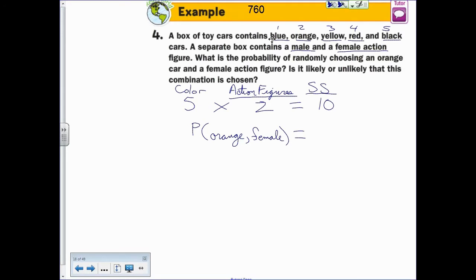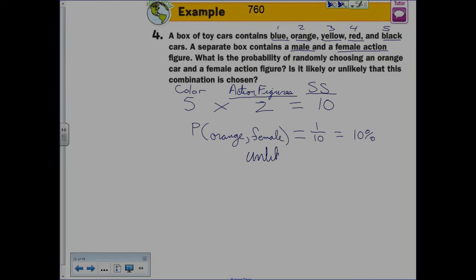Out of all the possible combinations in the sample space, only one of those would be uniquely the orange car with the female action figure. And so it would be 1 out of 10, which is 10% of them. So it's not as unlikely as in the previous problem, but I would still say this is an unlikely situation.